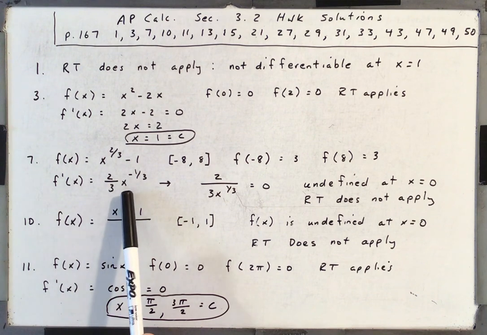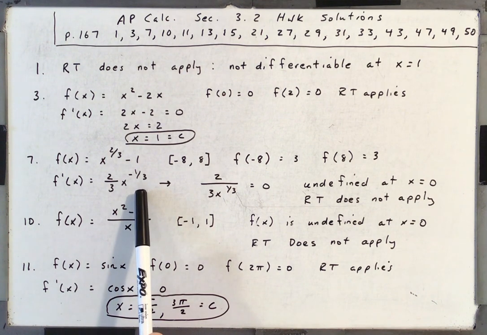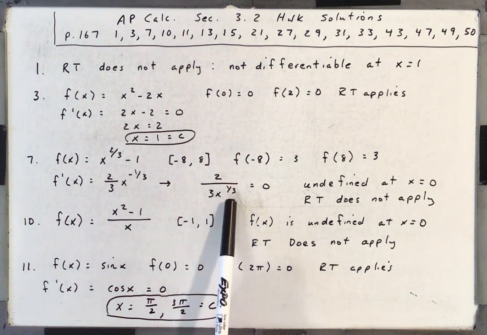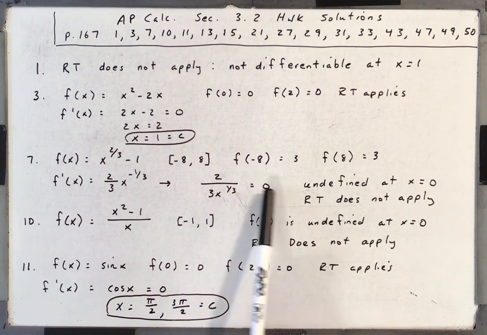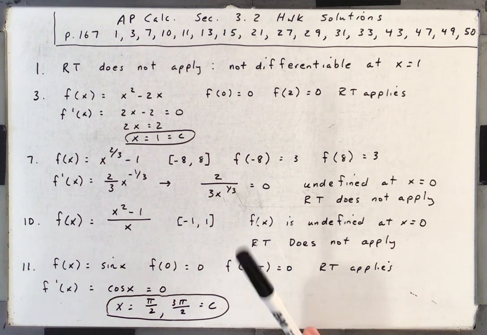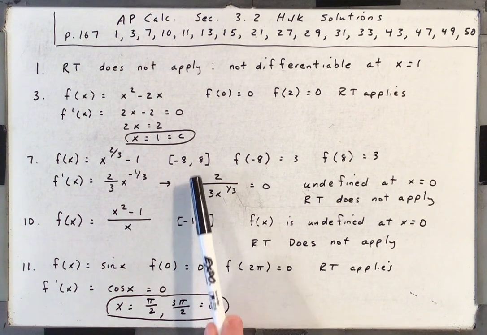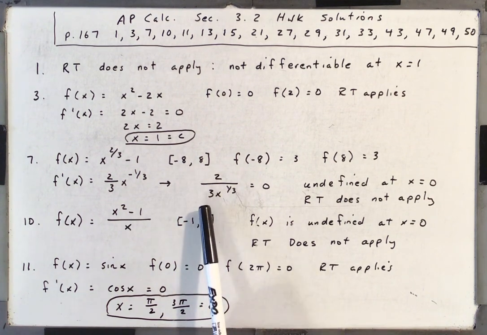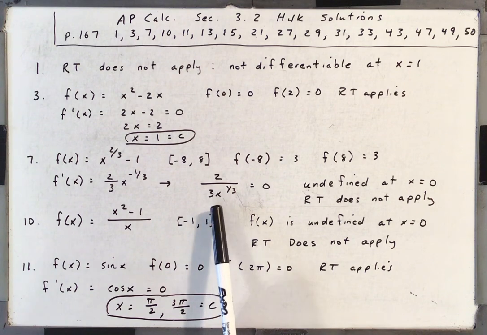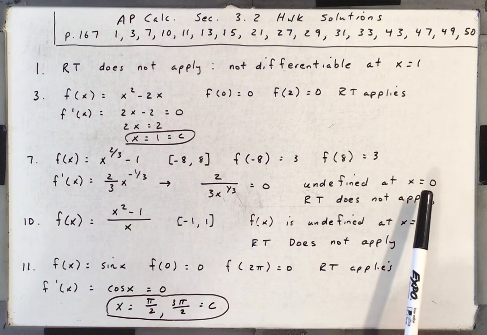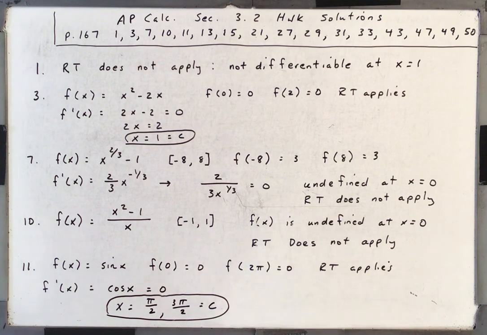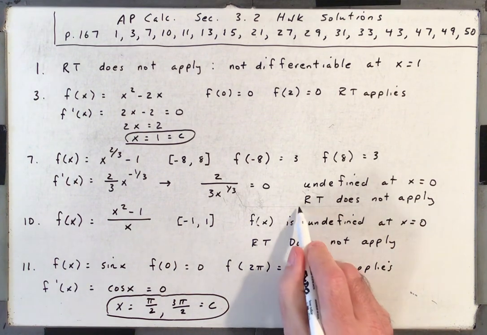You'd have 2/3 x to the minus 1/3. I'm going to rewrite that as 2 over 3x to the 1/3. Set that equal to 0. Well, this will never equal 0. This derivative never equals 0. So it is undefined at x equals 0. So in this case, Rolle's theorem on number 7 does not apply.